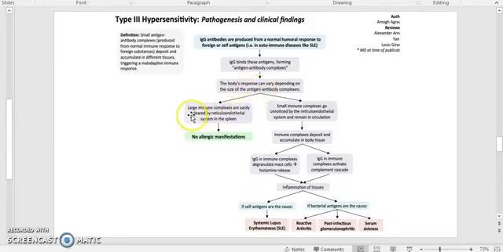When the complex is large, it is easily cleared by the reticuloendothelial system in the spleen, and no allergic manifestations are observed. But when the complex is small, it goes unnoticed by the reticuloendothelial system and remains in circulation because its size is small. At that time, these immunocomplexes deposit and accumulate in body tissue.